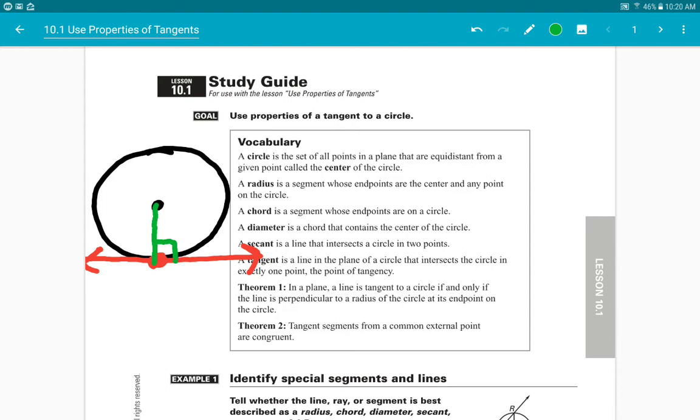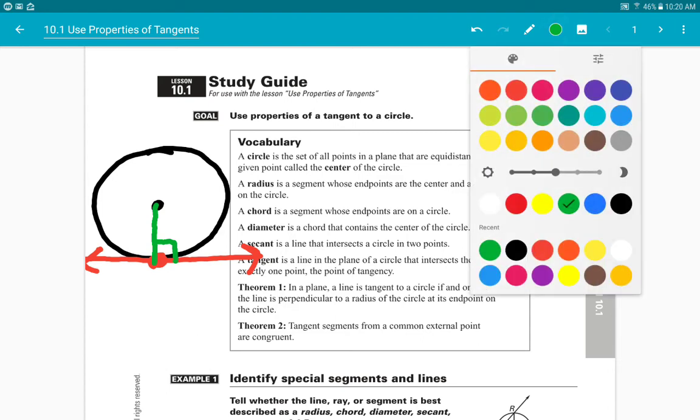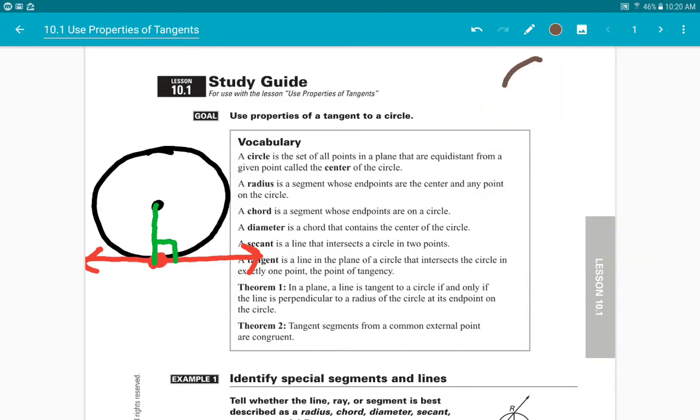And then the second theorem, and I'll draw it at the top right here. So we have our circle. Tangent segments from a common external point are congruent. So the idea is, let's say you have a point here, and you have a tangent line that goes this way and a tangent line that goes this way.